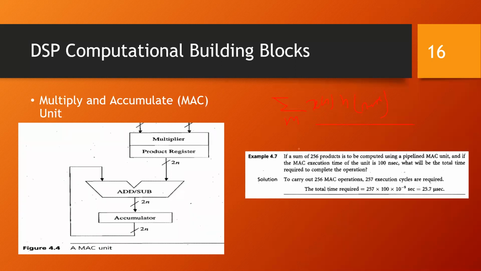So if I just replace this, it will be x of 0 into h of n plus x of 1 into h of n minus 1, so on up to infinite values, depending on how many coefficients or signal samples there are. Here you are multiplying various elements and adding each.